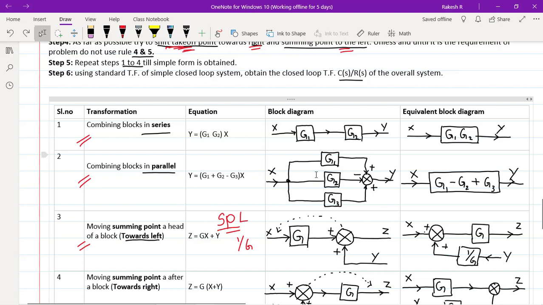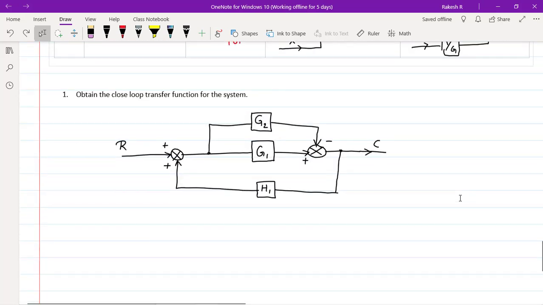When the blocks are in parallel, what can you write? You need to add up all the blocks including the sign. Block number 1, G1, has the positive sign and G2 has the negative sign. So how can I reduce this one? G1 is positive and G2 is negative here, right.